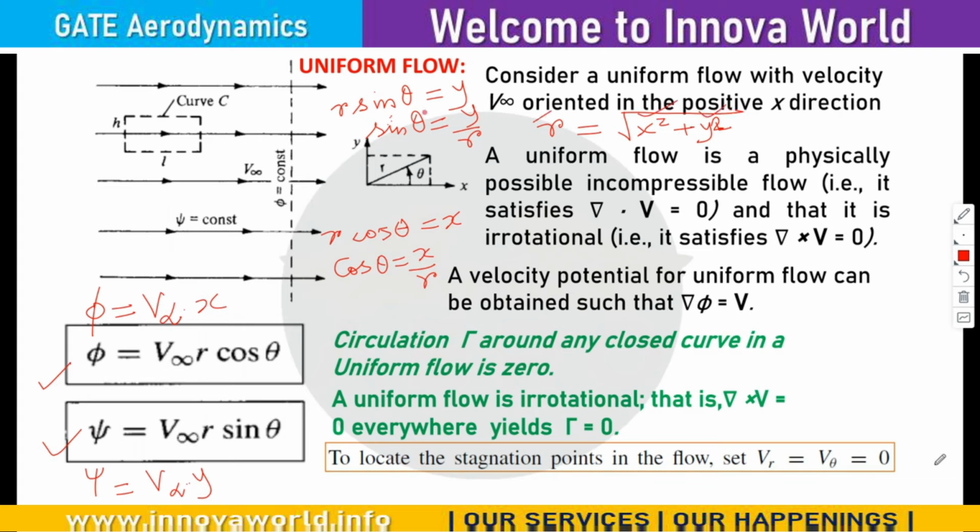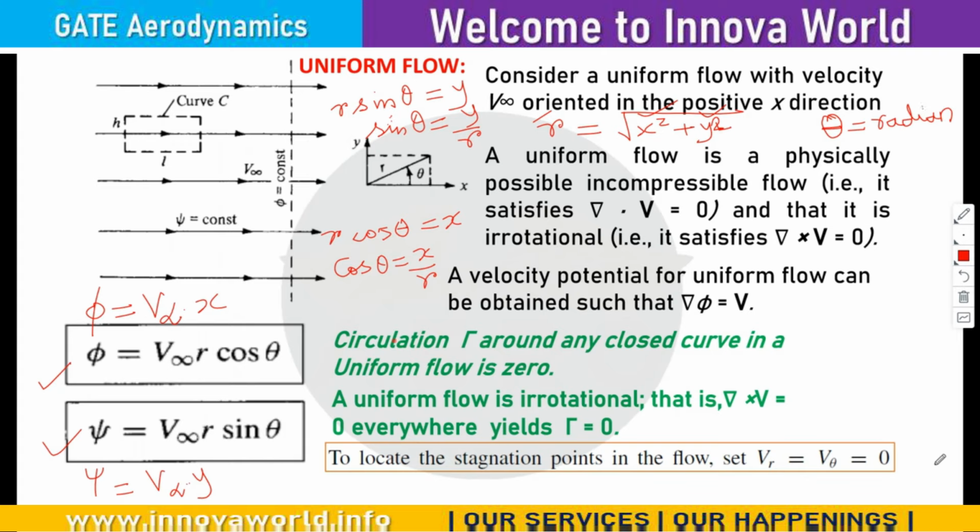And second important thing, if there is some value of only theta, there is no sin theta or cos theta, only the factor theta, that means you have to convert that in terms of radian.